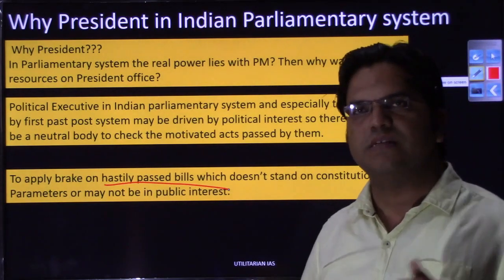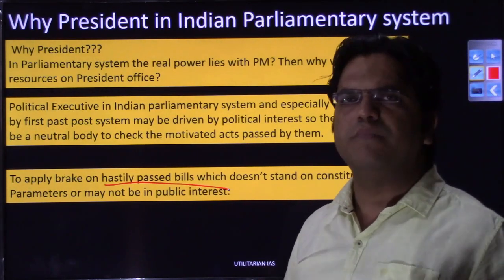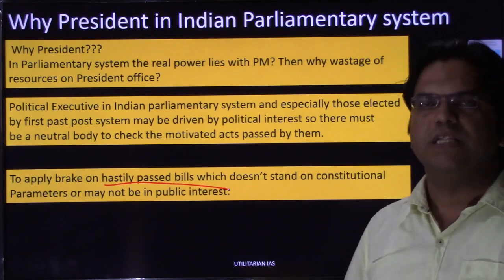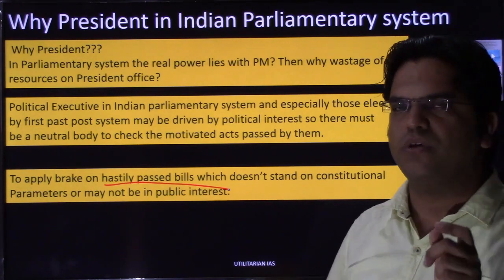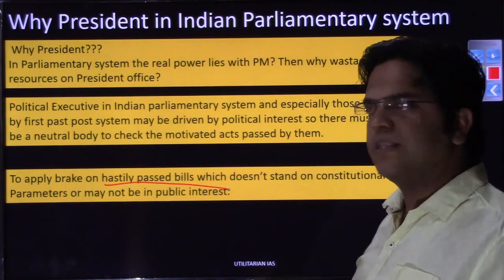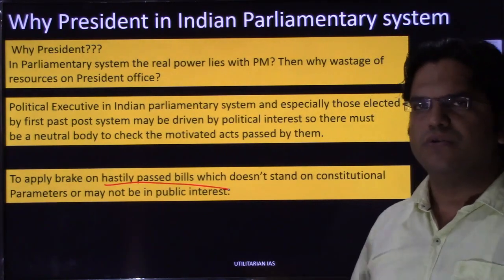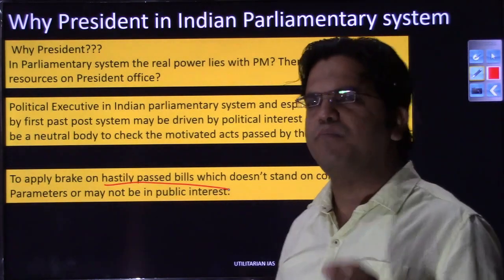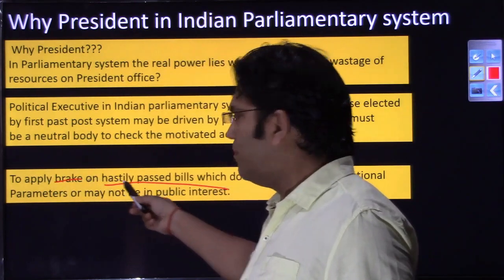If there is an arbitrary bill, because whosoever is in government, they are in government because they have a majority in Lok Sabha. So if they can manage a majority in Rajya Sabha as well, they can pass any kind of bill, right? So you need to have a constitutional office which can at least for some moment apply a brake.